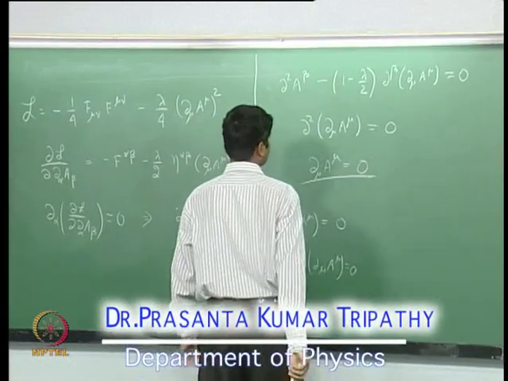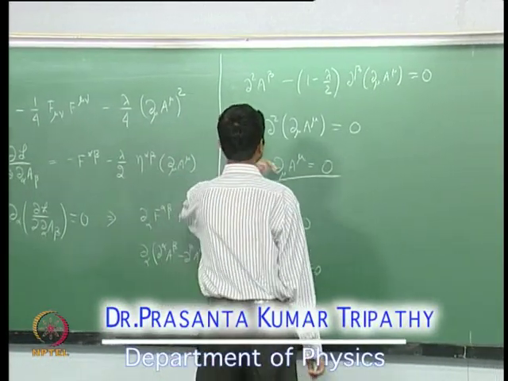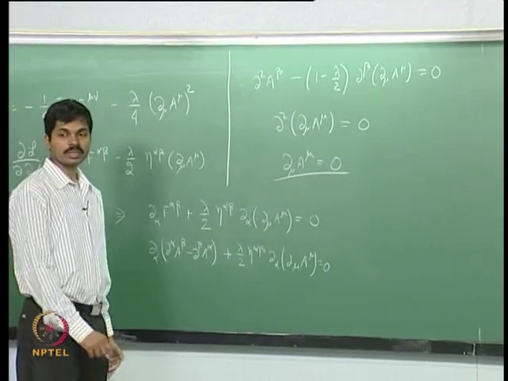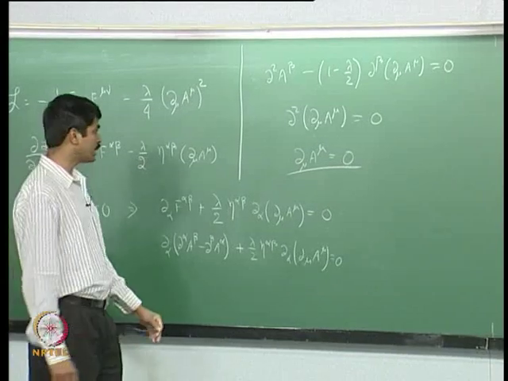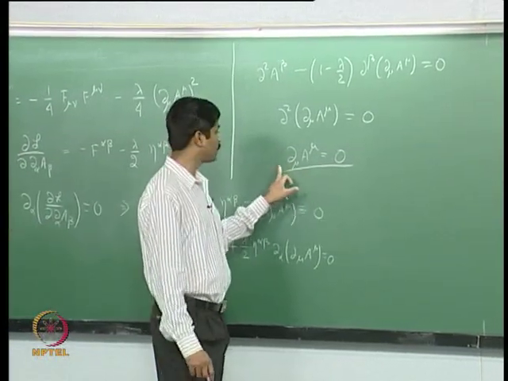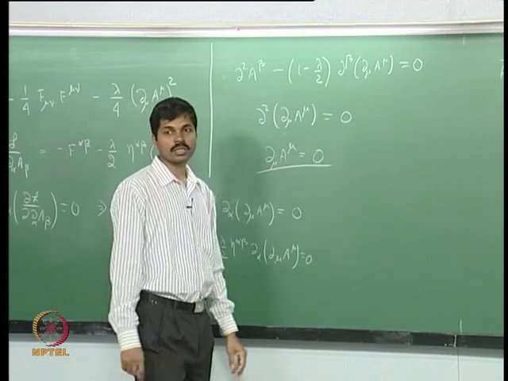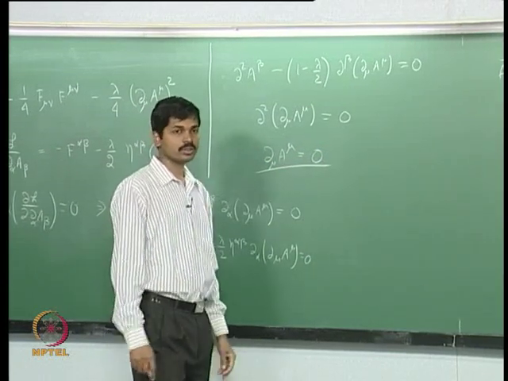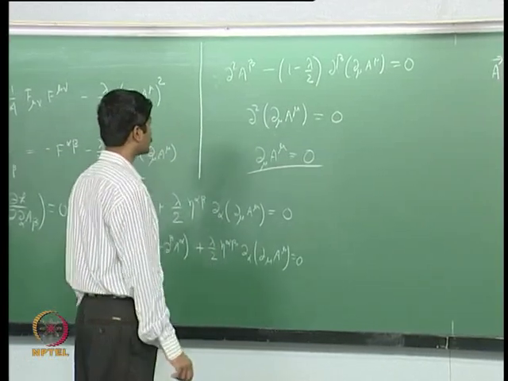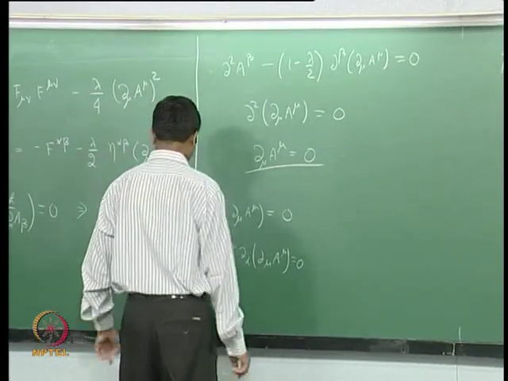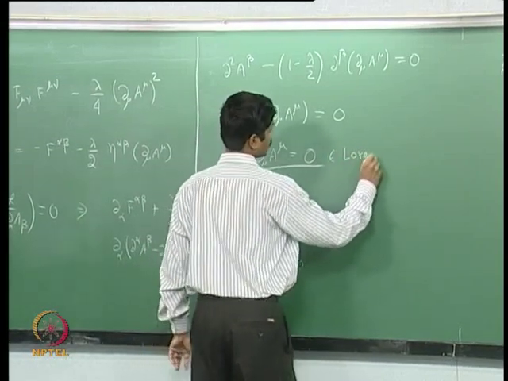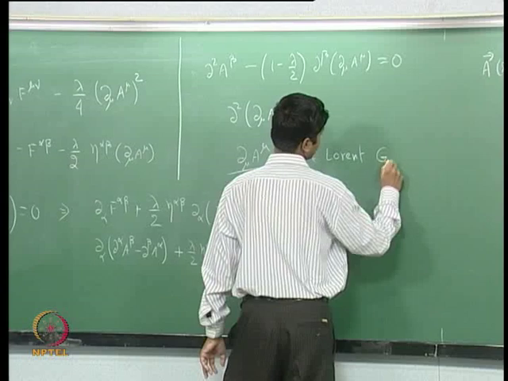So what we will do is first quantize the electromagnetic field here, and then later we will see what we mean by imposing this condition del mu A mu equal to 0. What does this mean? This is known as the Lorentz gauge.